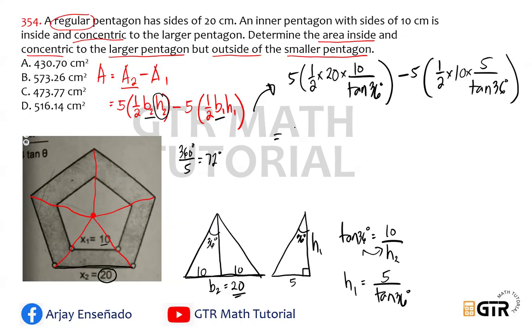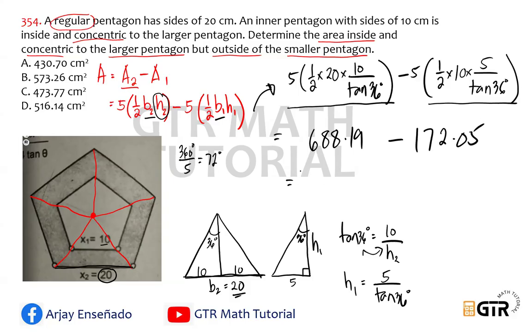So now, just type this into your calculator. Therefore, for this one we get 688.19, minus, for this part, just type this into your calculator, you will get 172.05. And then when you subtract, we will get 516.14 square centimeters, and that is letter D.